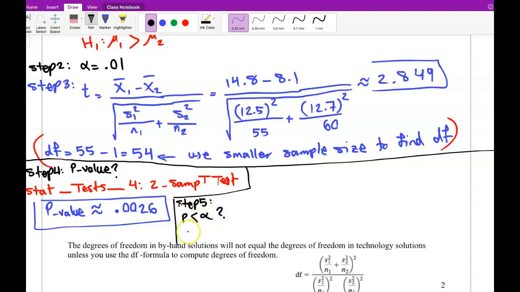Is P less than alpha? P is 0.0026, less than 1%. Okay, the answer is yes. What that means is reject the null hypothesis.